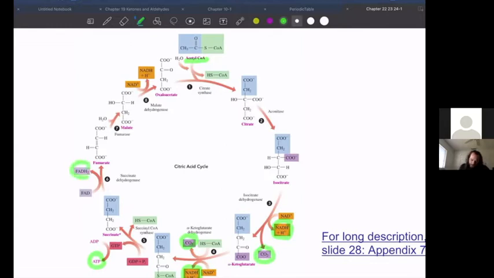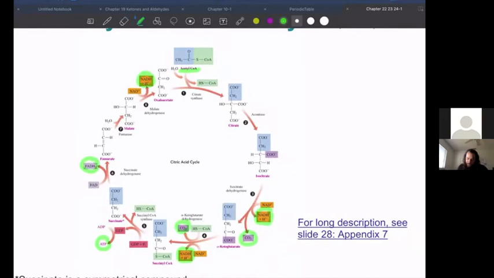So this is our direct creation of energy in the form of ATP. FAD is reduced to FADH2, so we have 1 molecule of that. And then in our last step here, we have our third NADH that's created. So we have an input of acetyl-CoA and an output of 3 NADH, 1 FADH2, and 1 ATP.